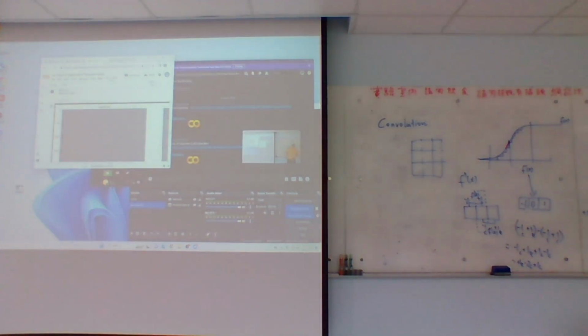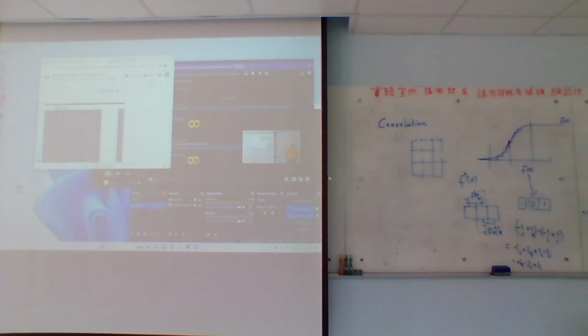So here's our output. This is a Laplacian operator. And so this is what it looks like.